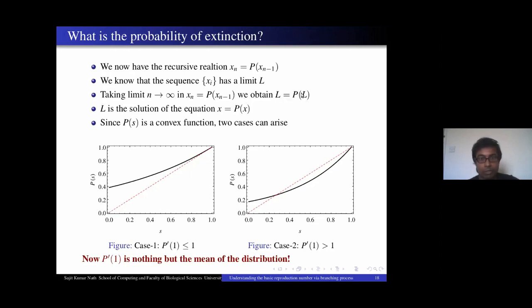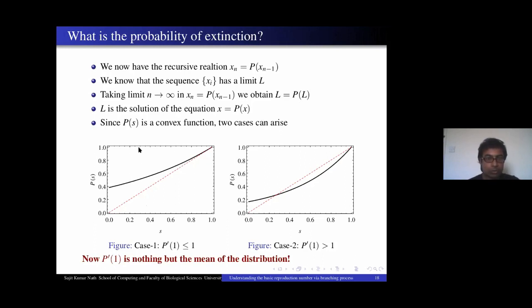So basically, this extinction probability L after enough number of generations is the solution of the equation x equal to P(x). You know the form of P(x), so if you solve the equation x equal to P(x), you will get some number L which satisfies L equal to P(L), and this is the extinction probability.